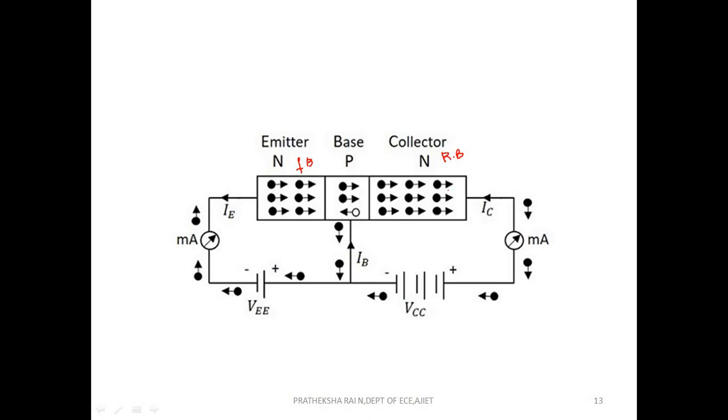So a small amount of reverse current will be flowing in the reverse bias region, that is in the collector base region. Because of the minority carriers, there will be a small amount of reverse saturation current flowing in this region. That is also very important.